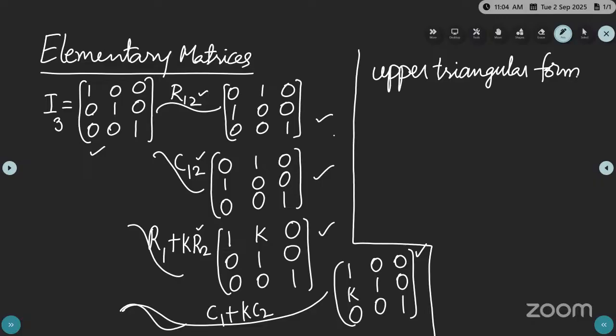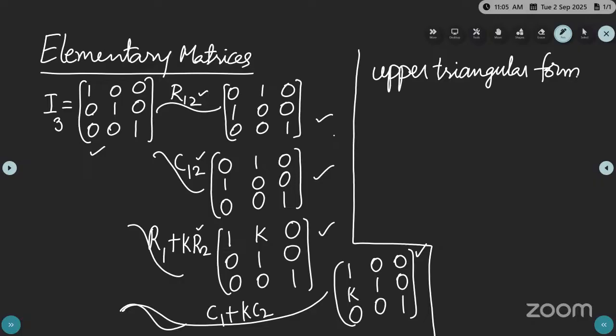Then the number of non-zero, non-equivalent rows is equal to the rank of the given matrix. Is it clear? Okay.